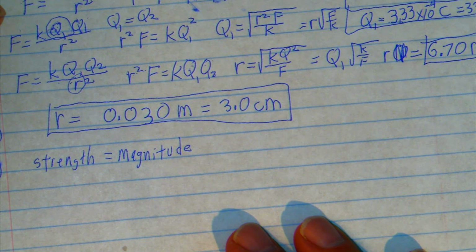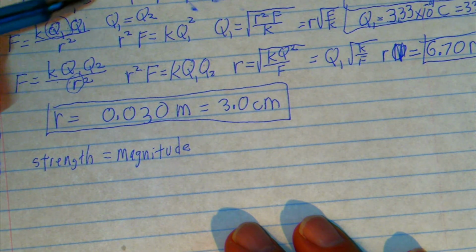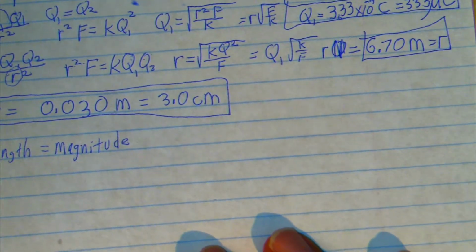And it's not clear. It says the force between them is 2 newtons. It doesn't say -2. So presumably it is a repulsive force. And if the first charge is positive, then the second charge must be positive as well.